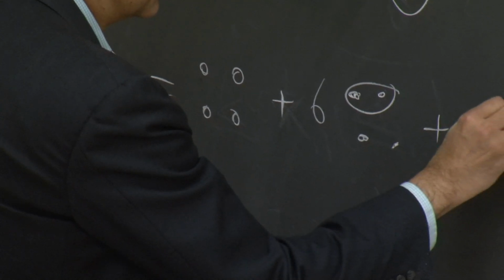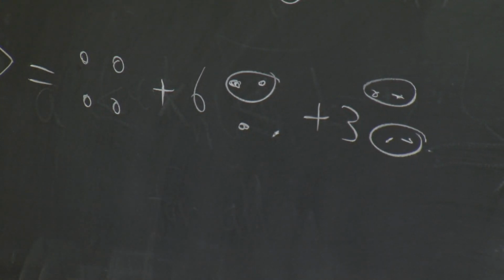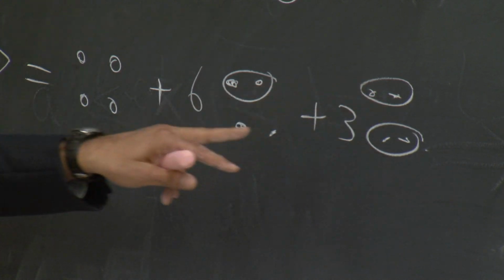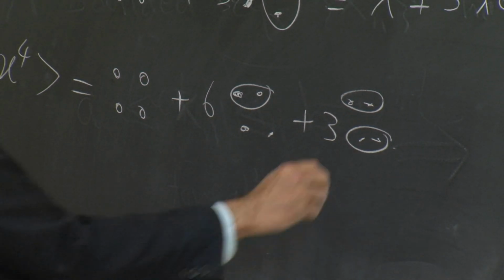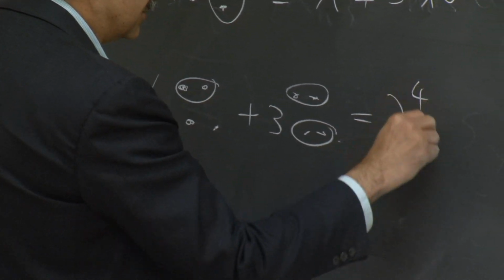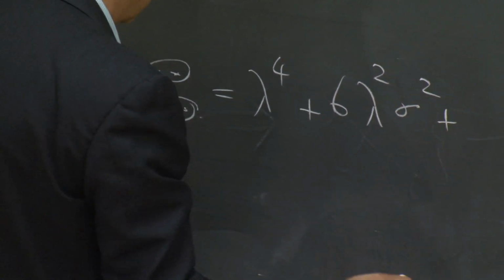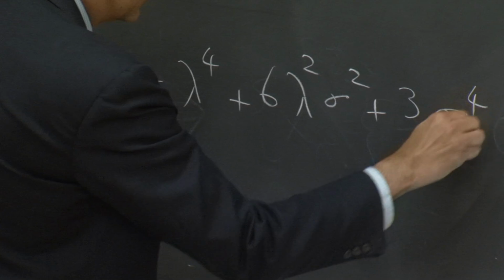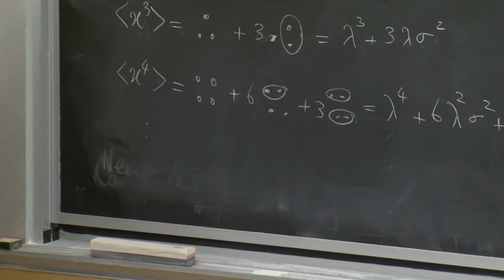Or I could do 2 pairs, which I can do 3 different ways, because I can either do 1, 2, 1, 3, 1, 4, and then the other is satisfied. So this is lambda to the 4th plus 6 lambda squared sigma squared plus 3 sigma to the 4th. And you can keep going and doing different things.